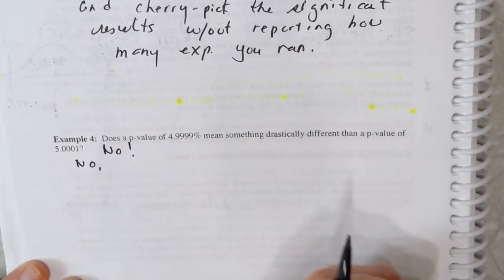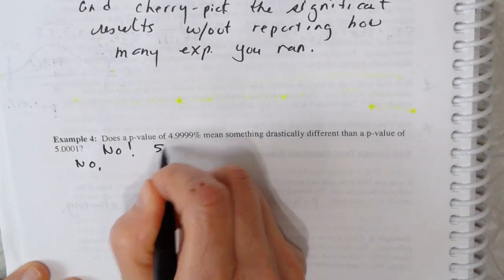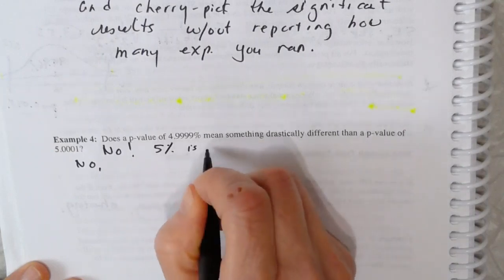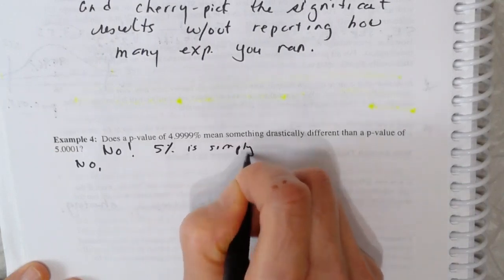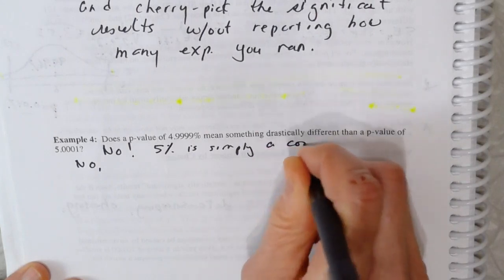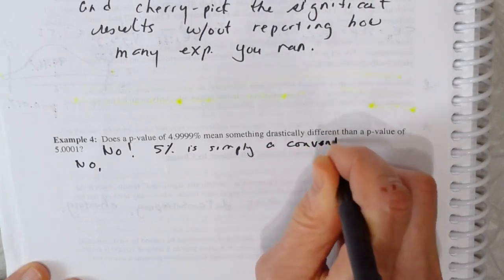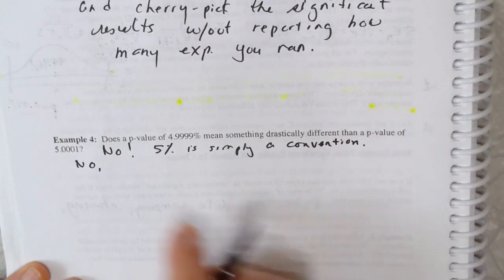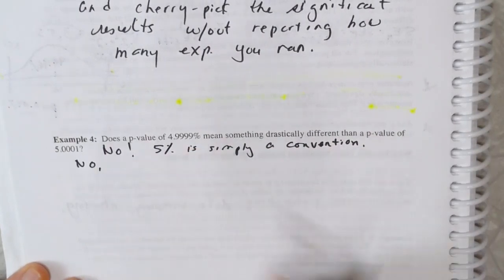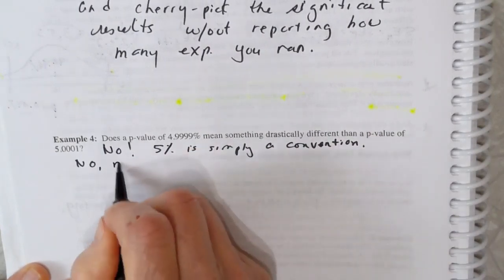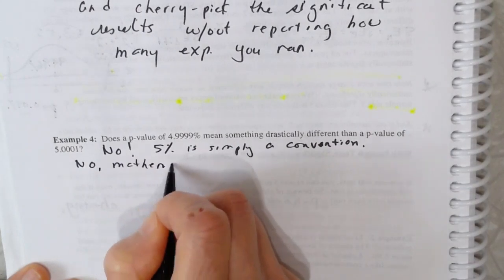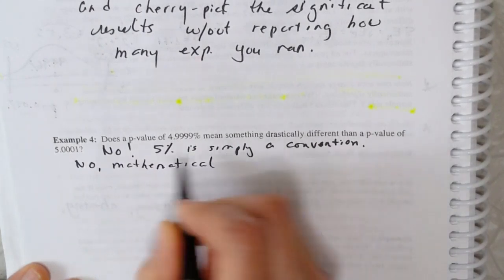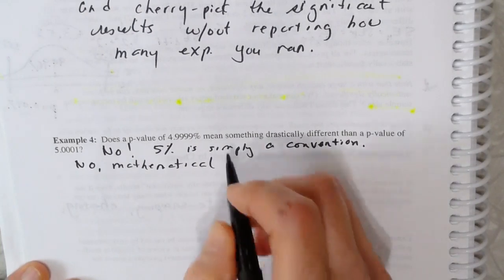This 5% cutoff is simply a convention. These are basically the same result. Don't think that there's something special about 5%.